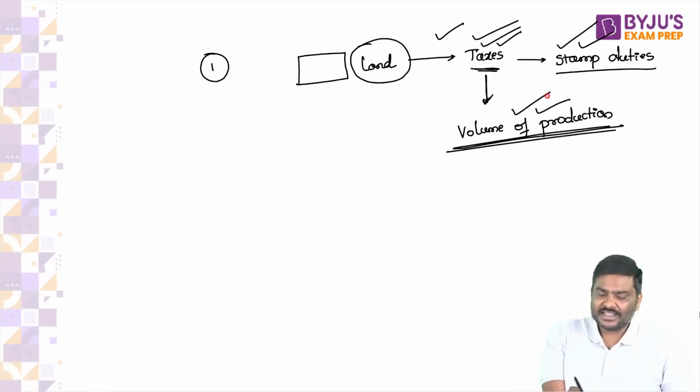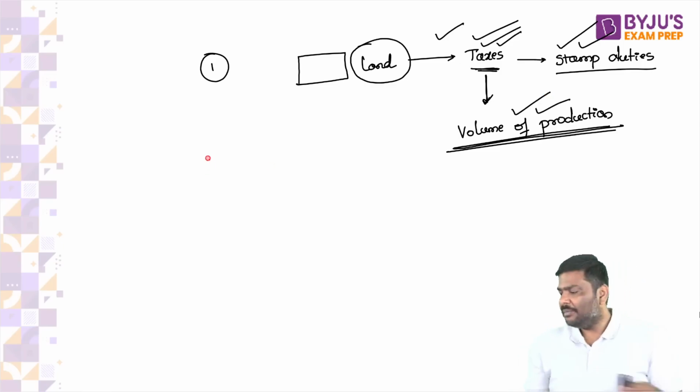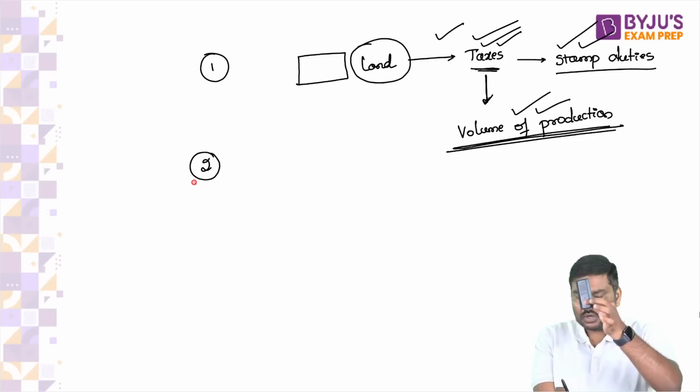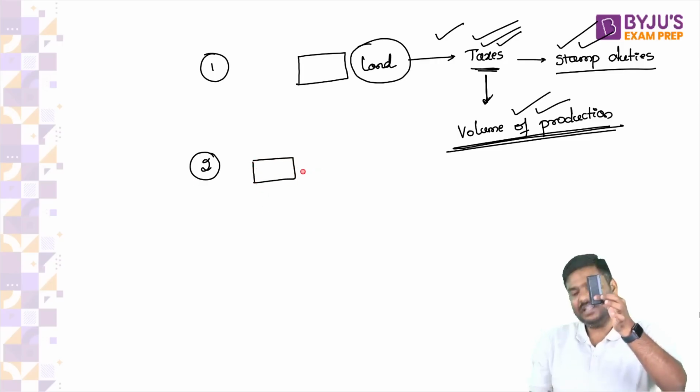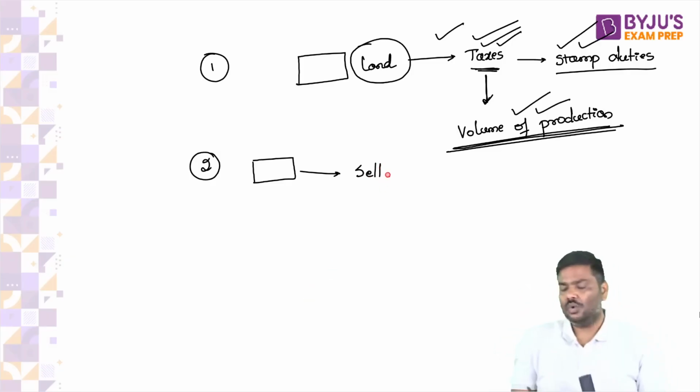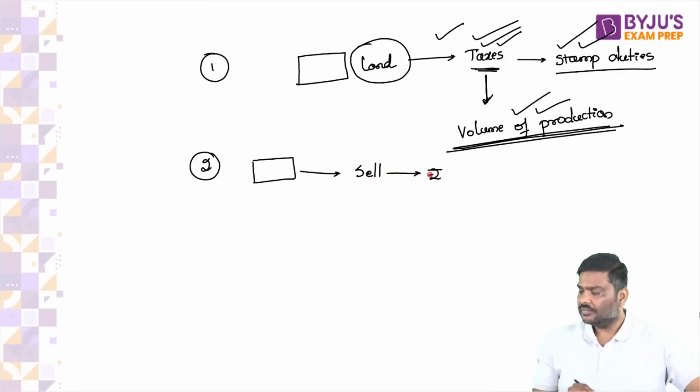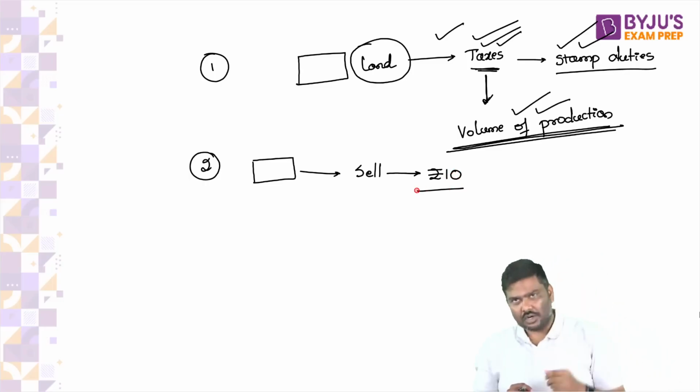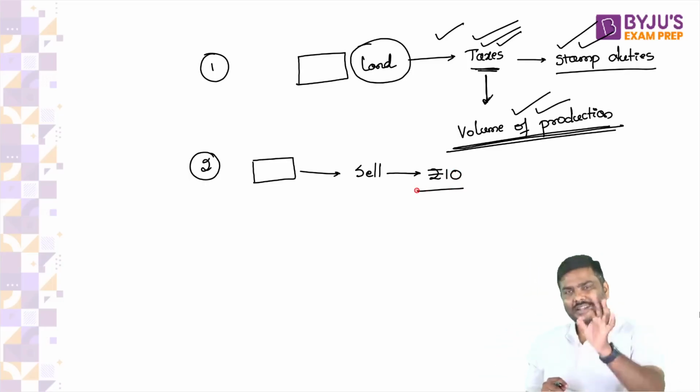Now let me take a second example. Imagine you will manufacture this remote control. You will sell it in the market. Government says for every one remote control, we will collect a tax of 10 rupees. For every one remote control that you sell, we'll collect 10 rupees.